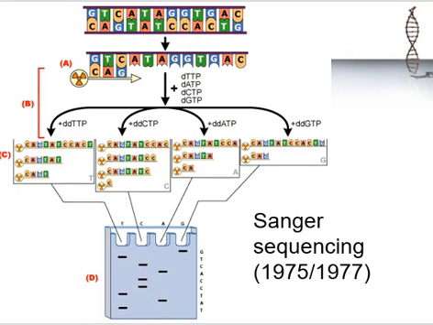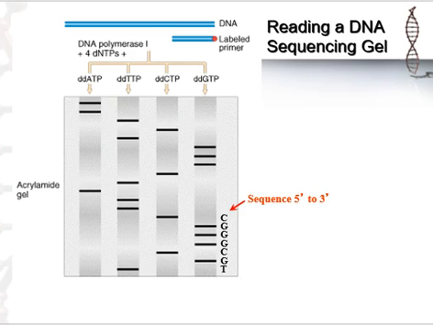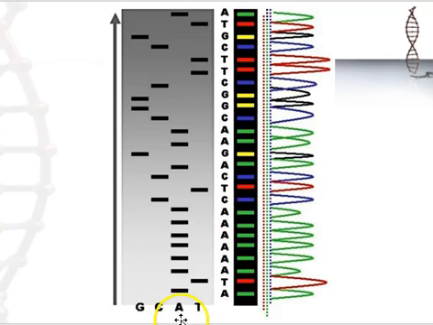As a result, different size fragments are created because, as stated, once the deoxy base is used, the fragment no longer continues to elongate. We can separate based on the fluorescence where these bases are seen, and then we can determine what the sequence of the gene is. So we start with A, T, G, C, T, T, and so on and so forth.